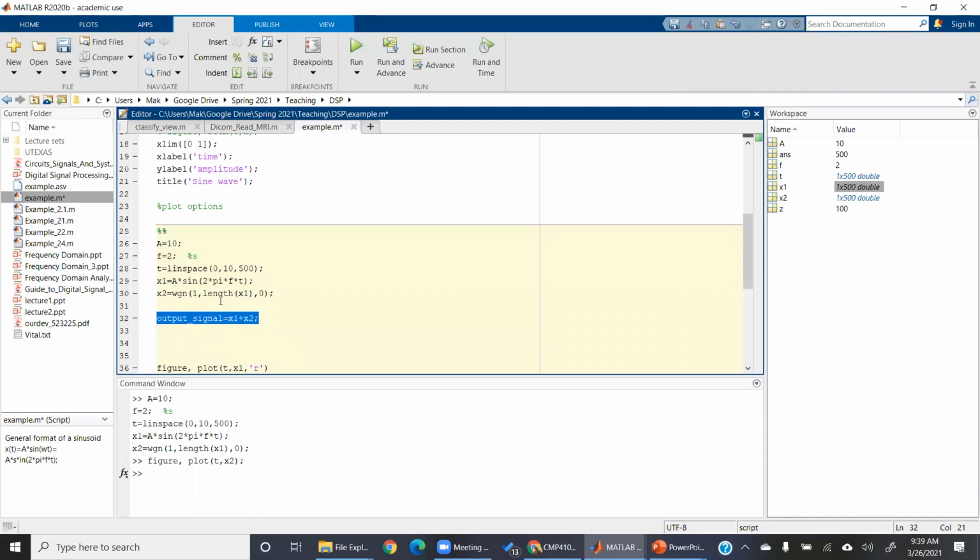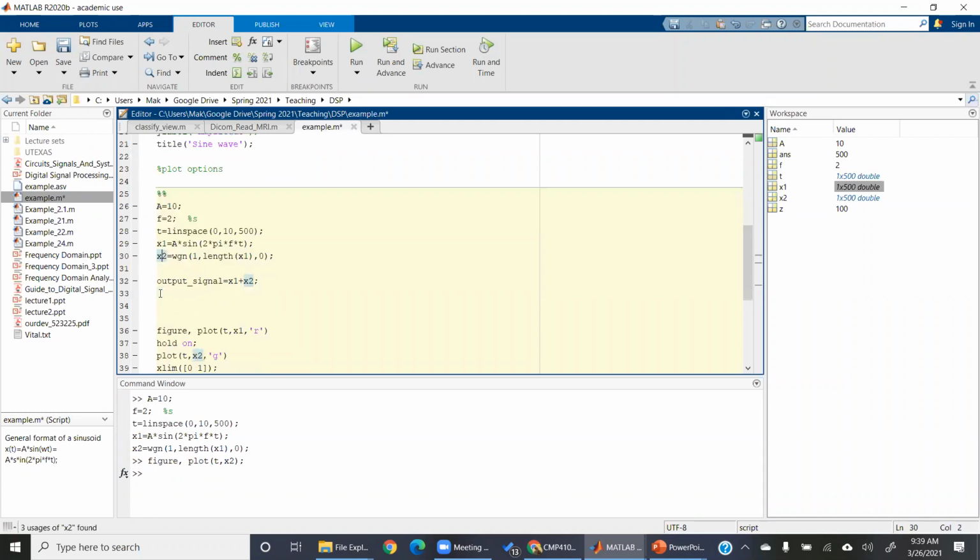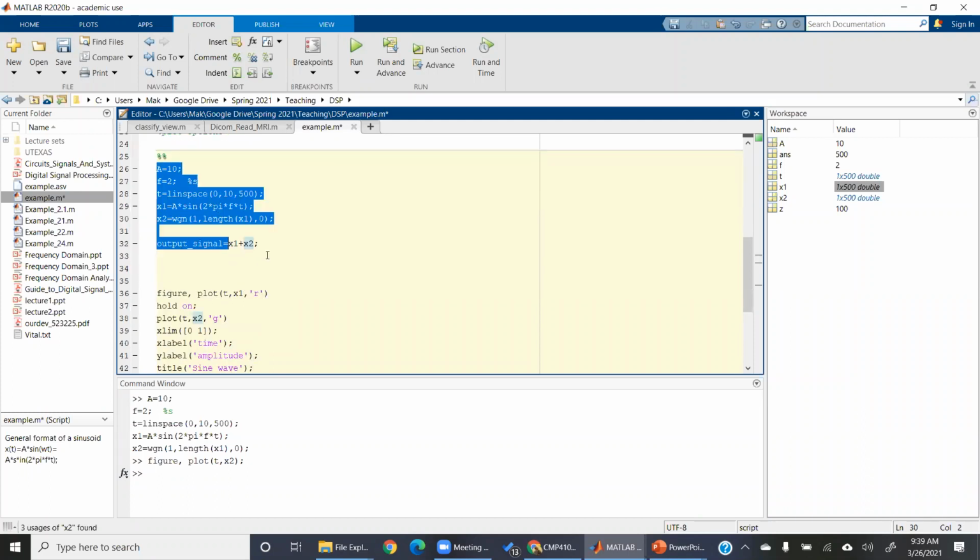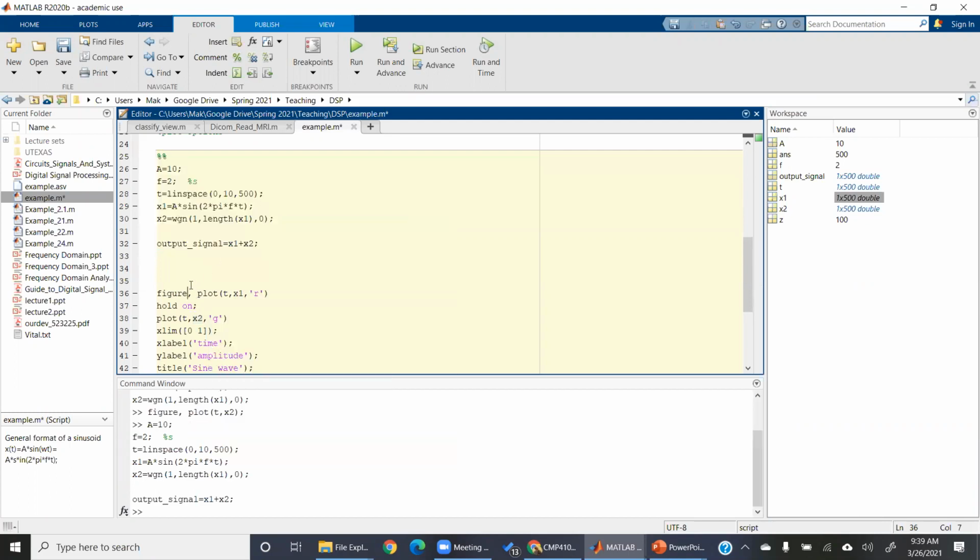And so there we go. We know our original signal, we know the noise, and we have summed the two. And now we want to plot the output signal.